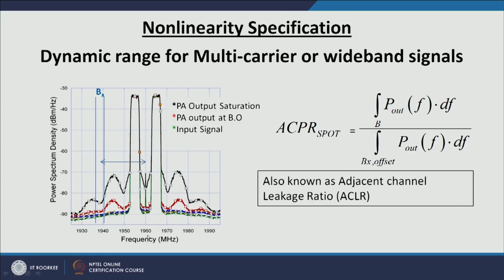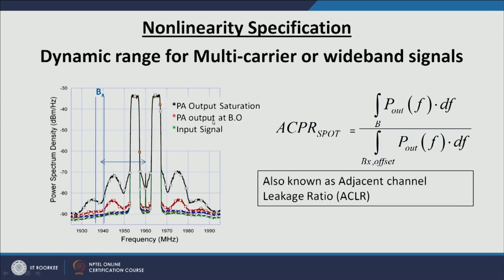If you see, it has a carrier frequency of 1.96 gigahertz, then it has bands which are 5 megahertz away from the center on both sides, and at the center frequency there is no carrier. So it is basically a 2 carrier signal, and both the carriers are broadband and they have a bandwidth of 5 megahertz almost.